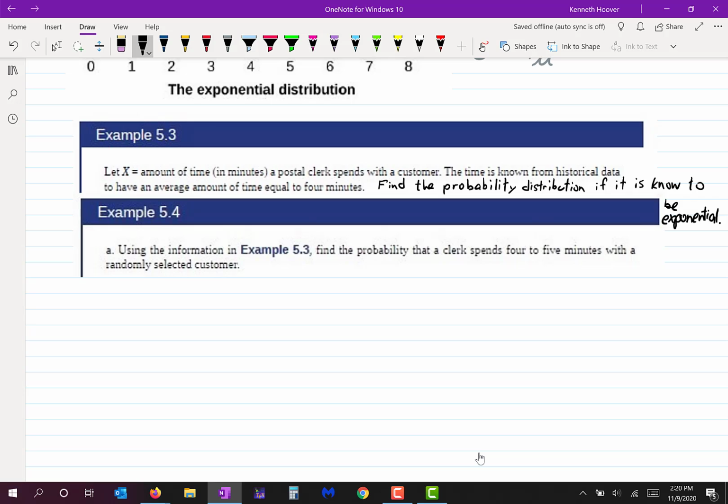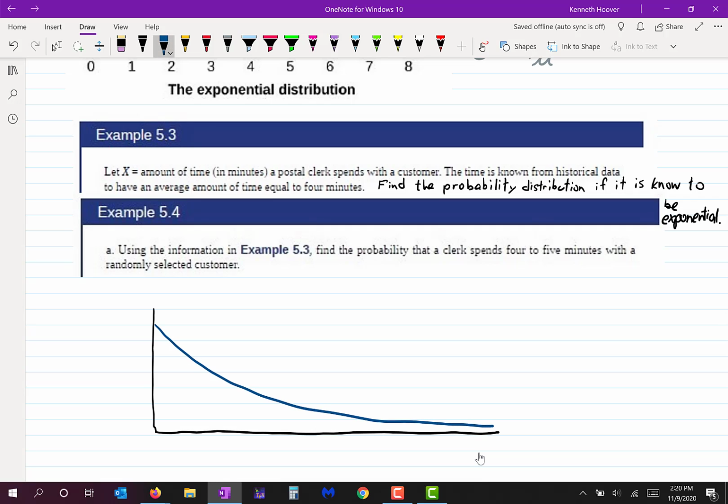If it's exponential, we know what shape it'll look like. It'll look like this. And we also know the formula for that function. Remember, it is m times e to the negative mx. And also remember that m equals 1 over mu.